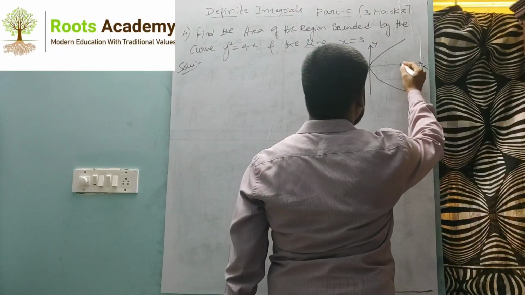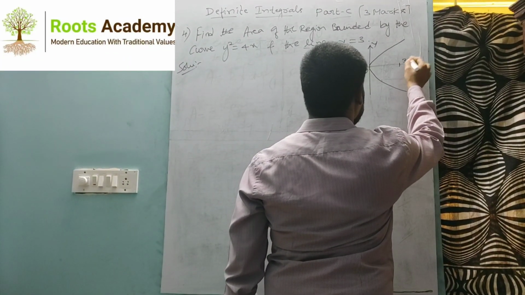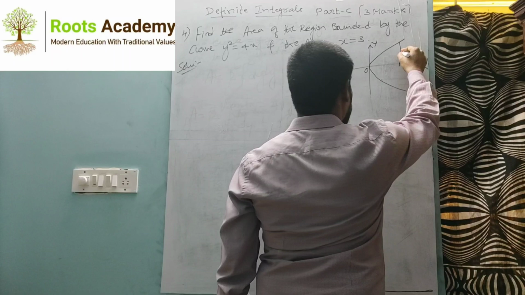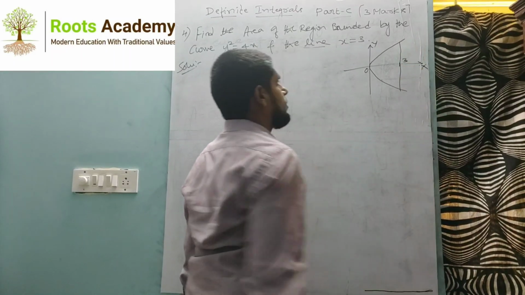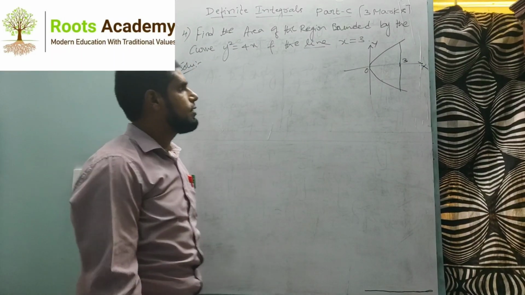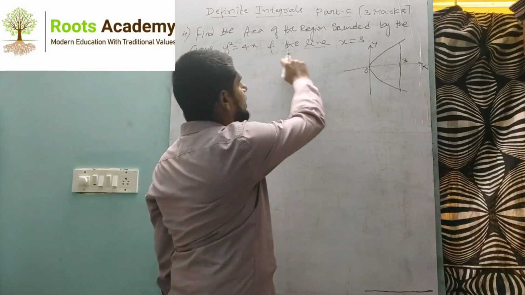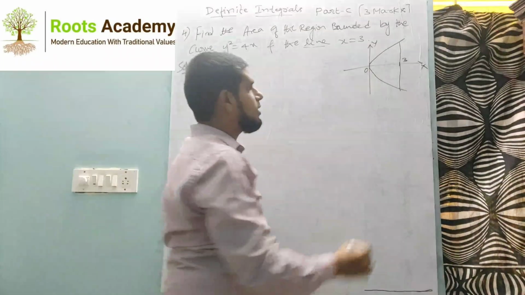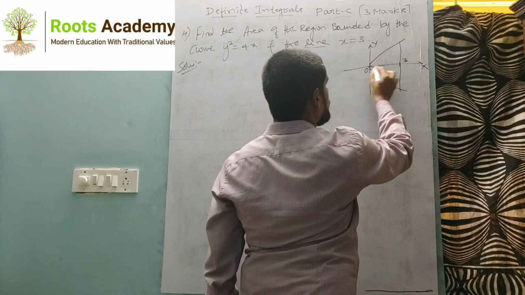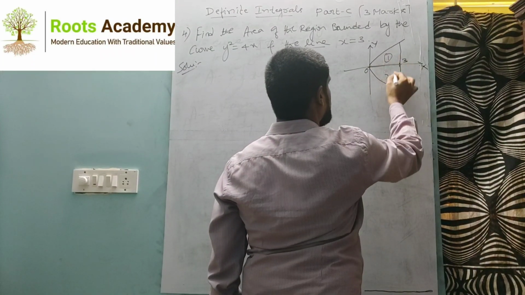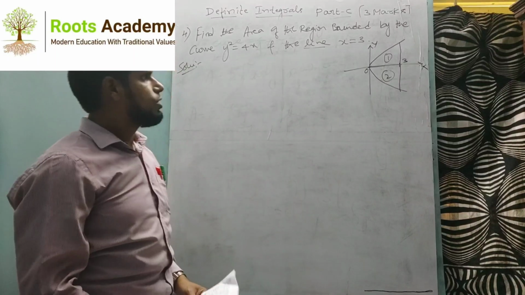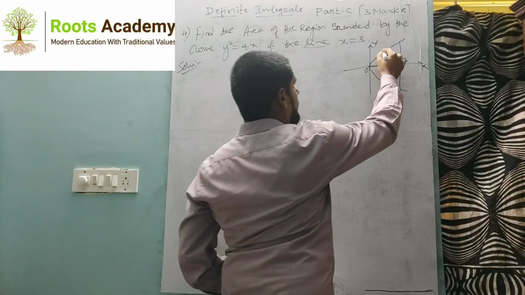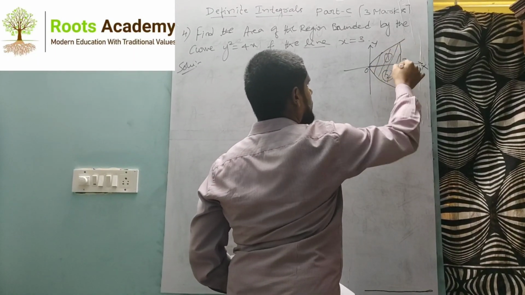Let me mark 3 somewhere here. So this is the region. They have not mentioned again which quadrant. This complete is my region, but in this region I have two portions, two equal portions. This is first portion, this is second portion. So this complete is my required region.